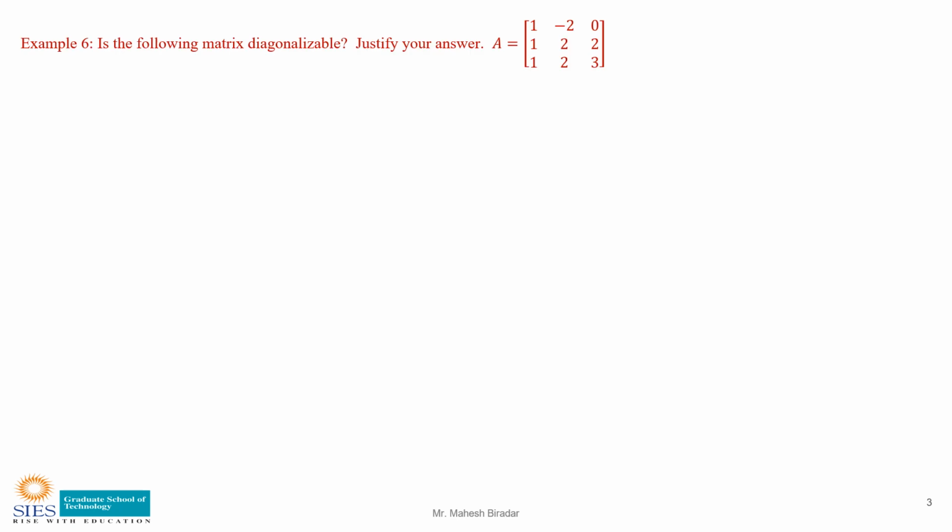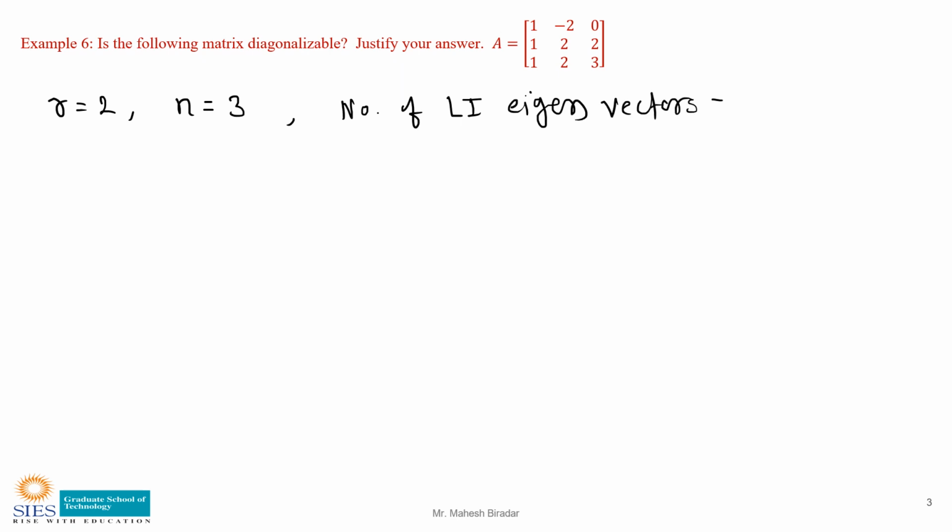Here rank is equal to 2 and the number of variables is 3. So the number of linearly independent eigenvectors is equal to n minus r, that is 3 minus 2, which is equal to 1 here.